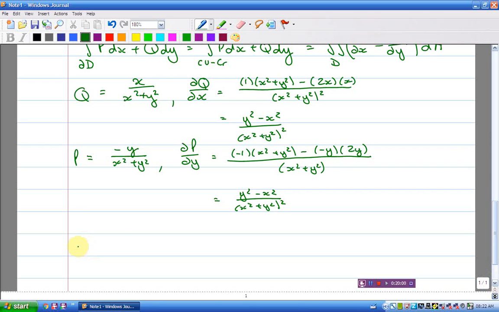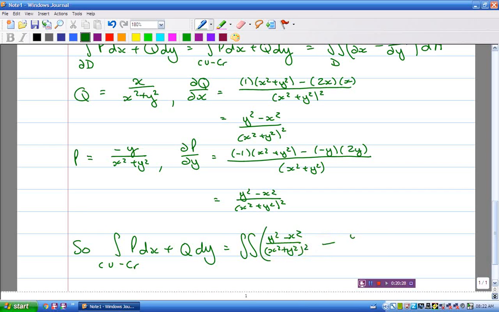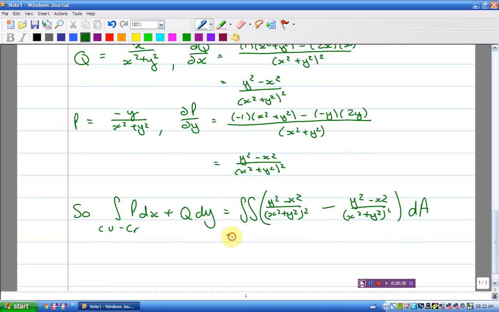Okay, so let me come back to the original. So therefore, the line integral, there's a minus, is equal to y squared minus x squared over x squared plus y squared all squared, subtract y squared minus x squared over x squared plus y squared all squared, which is the double integral of 0, which is 0.